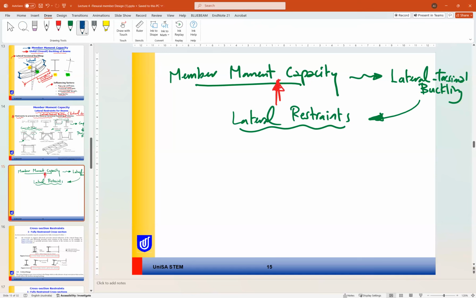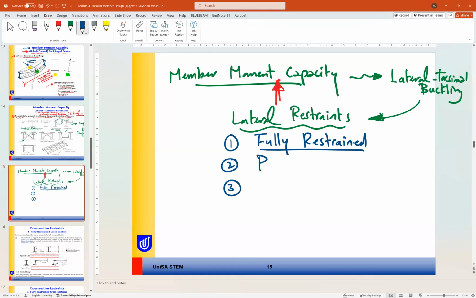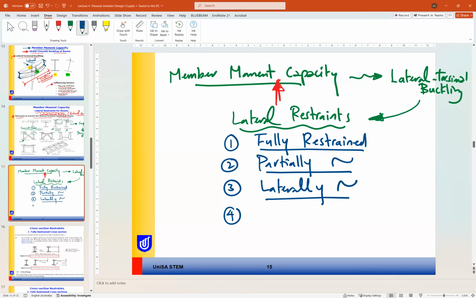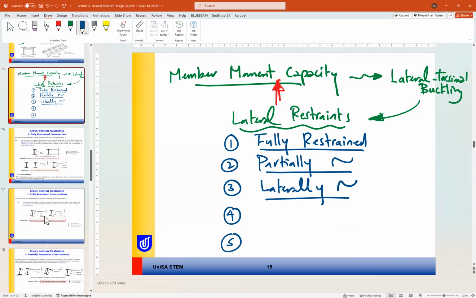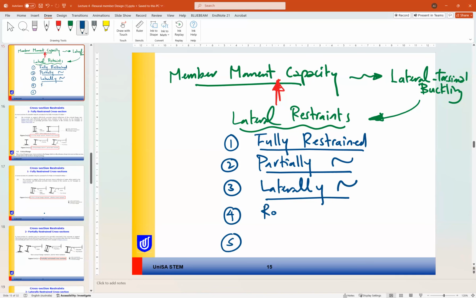According to the lateral restraint, we may have different types of beam. Some beams will be fully laterally restrained. Some beams will be partially restrained. Some beams will be laterally restrained only, and some beams will be rotationally restrained, and finally unrestrained.